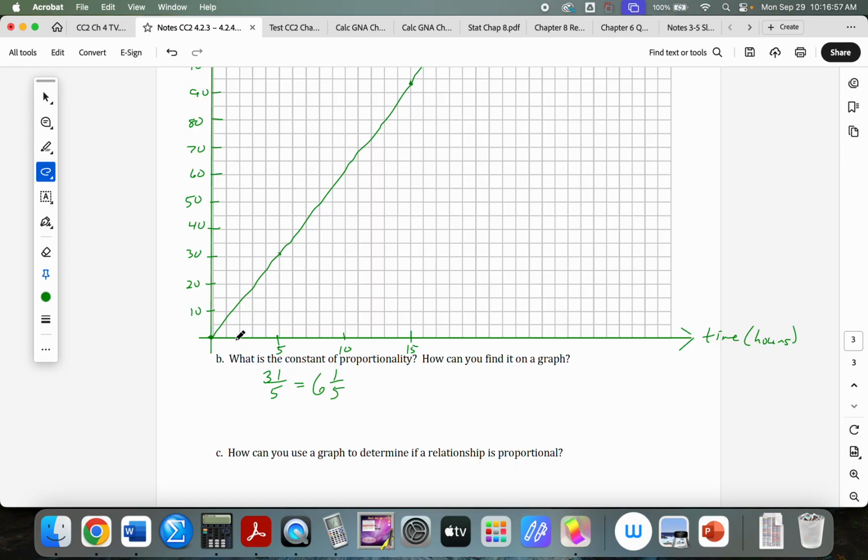Where can we find it on the graph? Well, it's right here when the time was equal to 1.